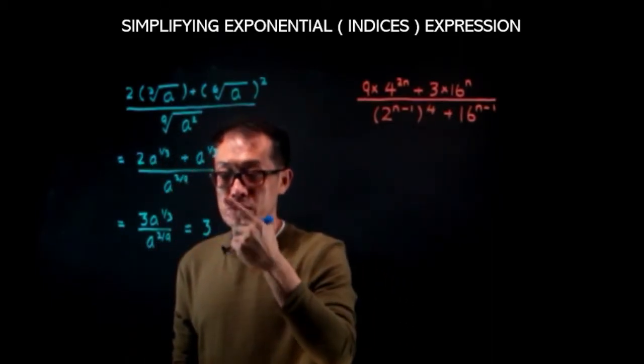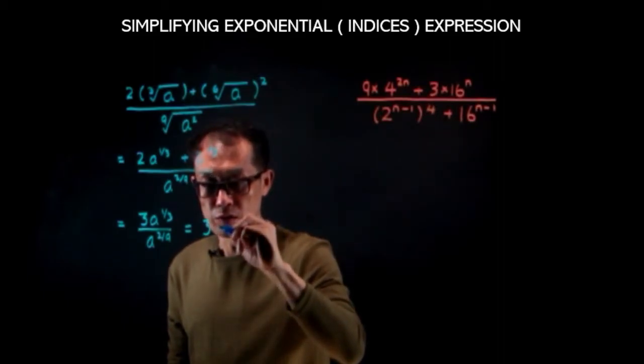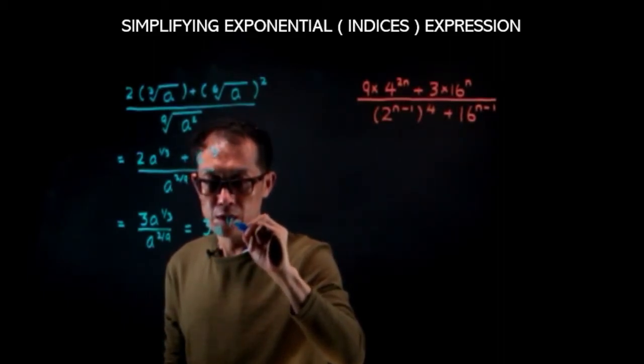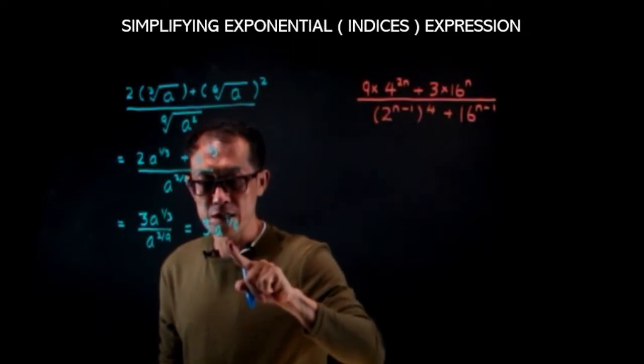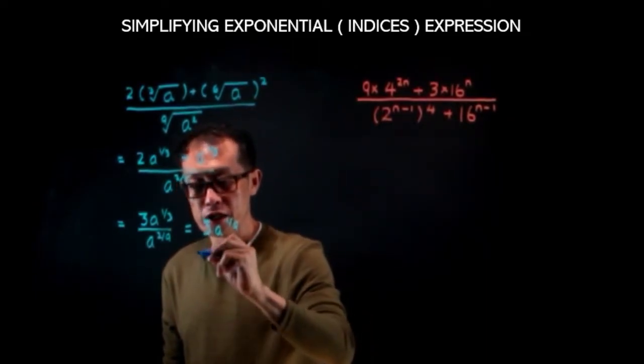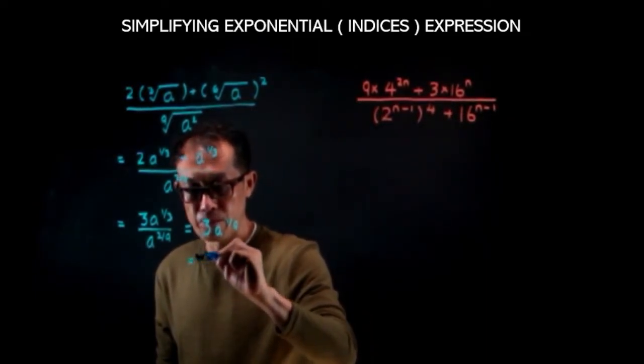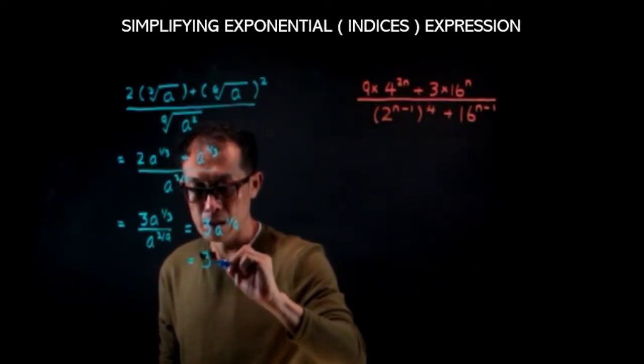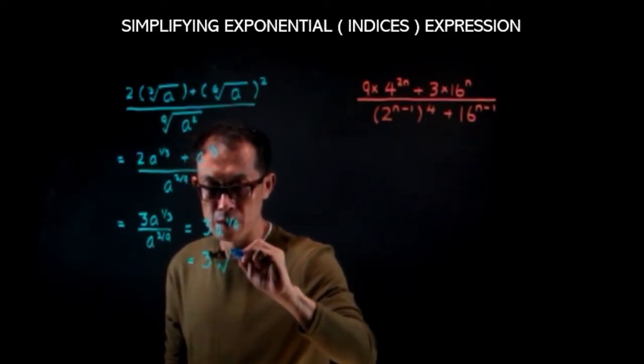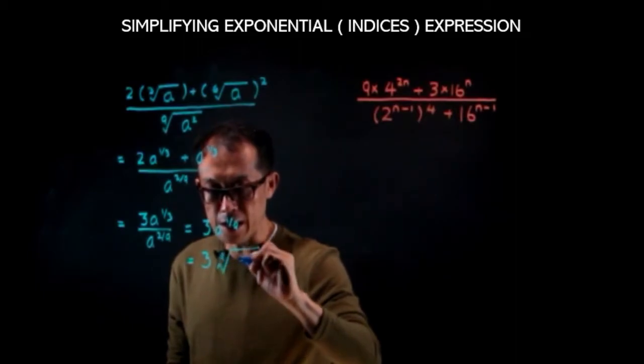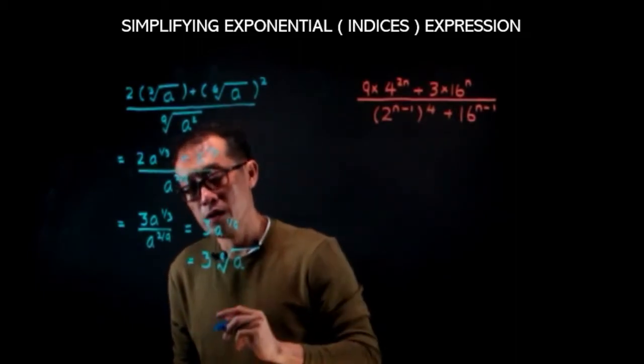Now this 1/3 is 3 over 9, minus 2 over 9 is 1 over 9. So this is not your final answer yet. You need to change it to radical form. It's a 9th root. Okay.